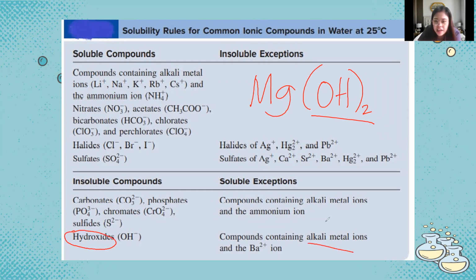Compounds containing alkali metals, those that belong sa group 1A and the barium ion. But if you look at magnesium, magnesium is under sa group 2A. So it's not included in the rule, therefore it sticks with insoluble. Magnesium hydroxide is insoluble in water. So I hope nakuha ninyo na insoluble siya sa tubig.